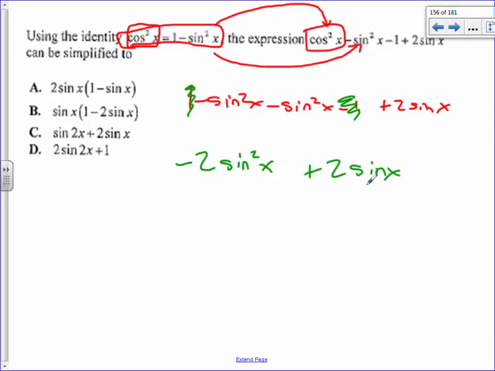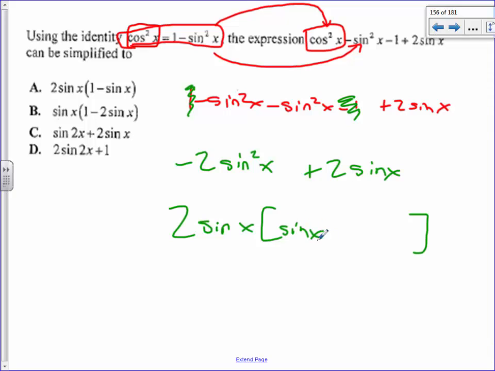We can factor. So I'm actually going to factor out everything I possibly can. I can factor out a 2, because all of these things have a 2 in them. All of them have a sine of x. And then let's see what the leftover bit is. This guy right here, if you factor out the 2, that's gone. If you factor out one of the sine x's, there is a sine x left.